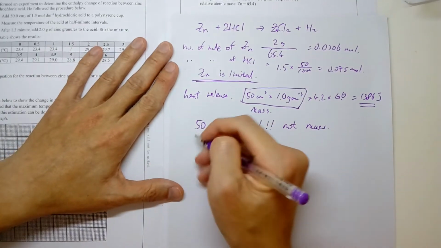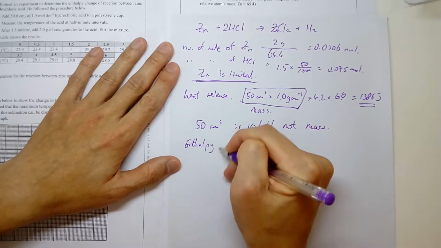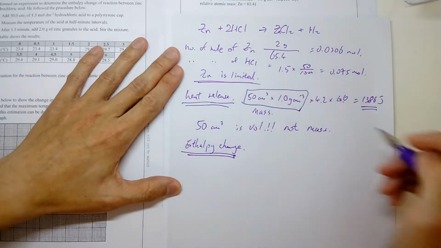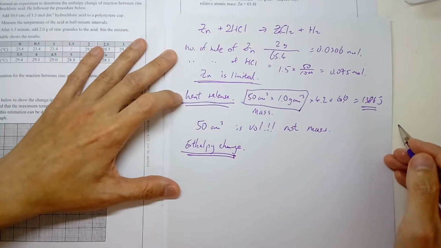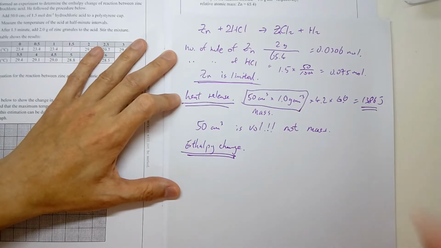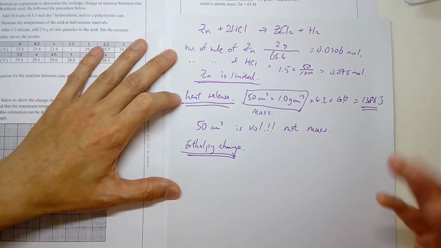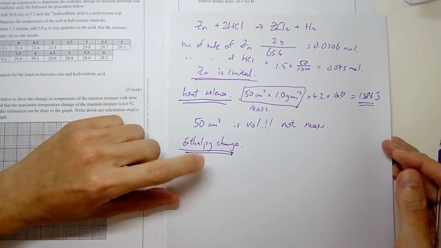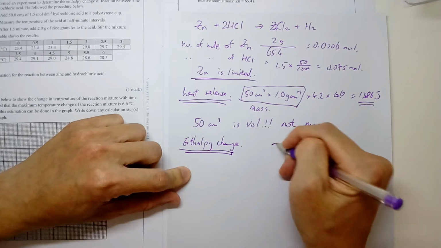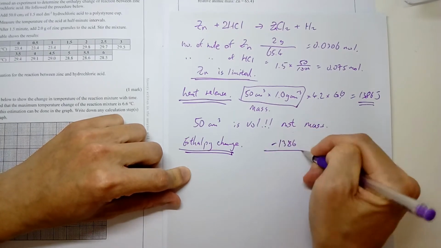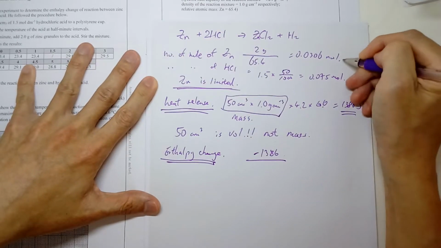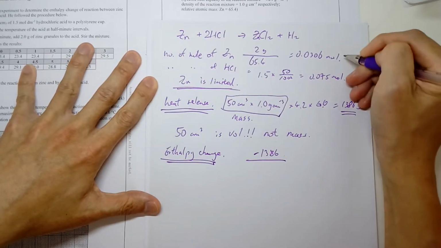So the enthalpy change. Please remember this one is heat released. I have mentioned released already, so that's why there is no need to add positive or negative sign. But this is enthalpy change, so you need to do so. Minus 1386 over, because zinc is limiting, so we only carry out this amount of moles of reaction.